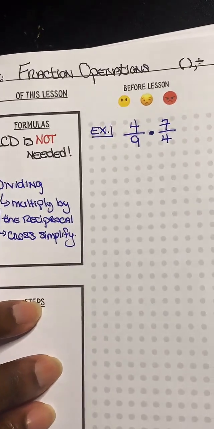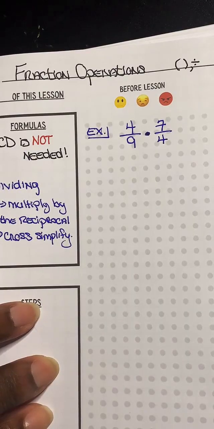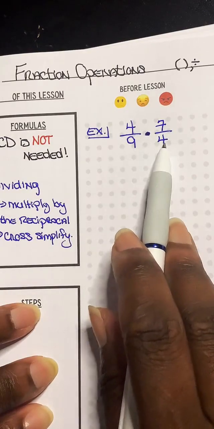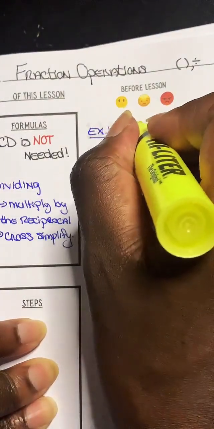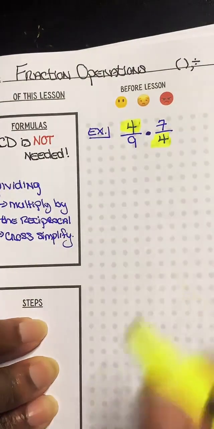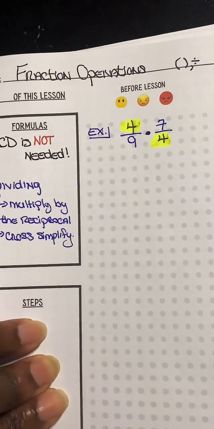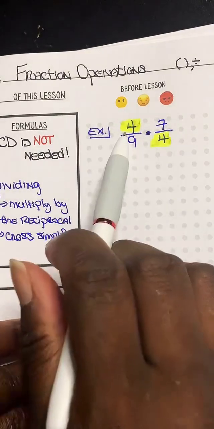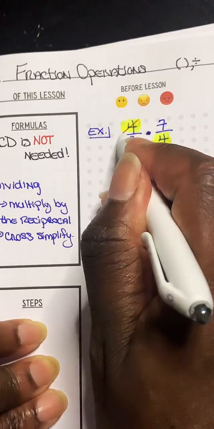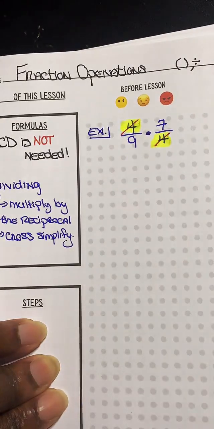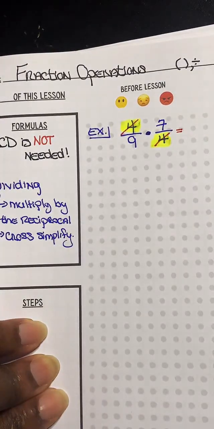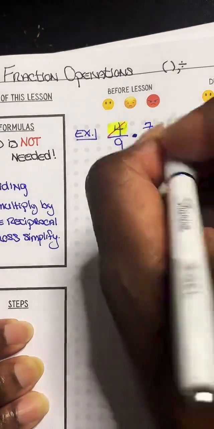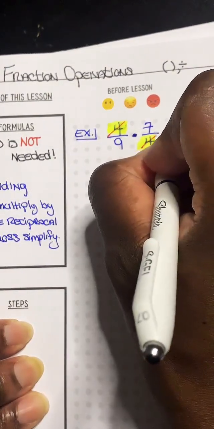So once we got our 4/9 times our 7/4, when we take a look at our two fractions, I notice that for the numerator and the denominator, we both have 4 in common. So I'm looking at this as 4 divided by 4, which simply gives me 1. And we know that anything times 1 is going to be itself. So what remains is basically going to be our answer unless we have to simplify, which is 7/9.